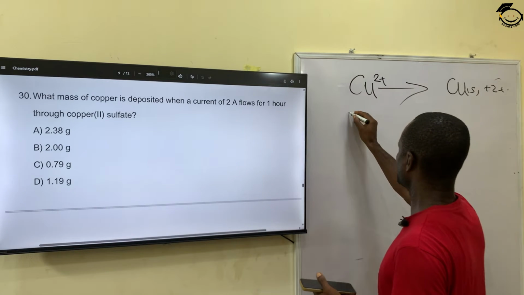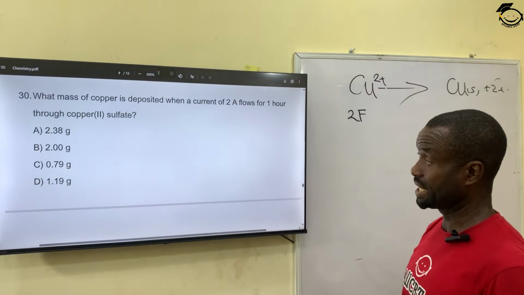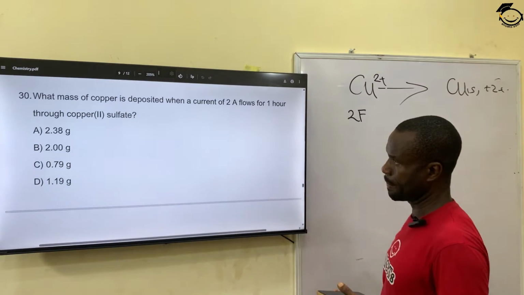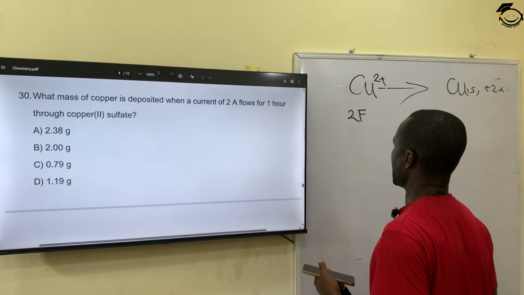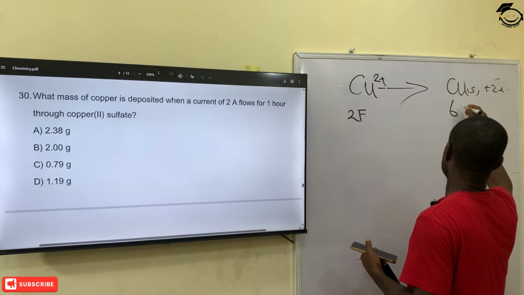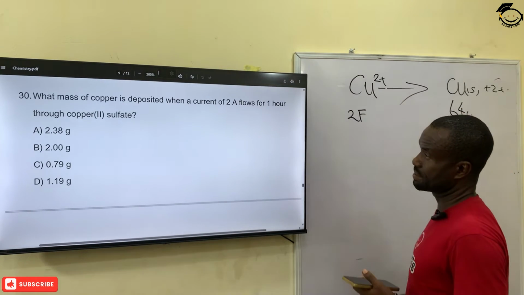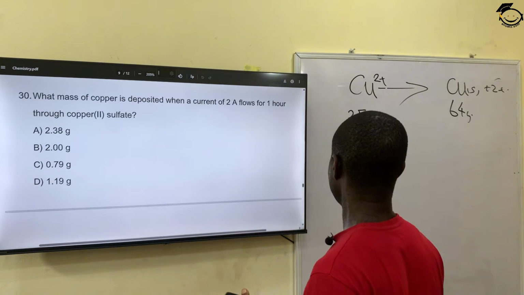In that case, we have 2 Faradays because 2 charges are involved. 1 mole of copper is discharged, and the mass of 1 mole is 63.5 grams.